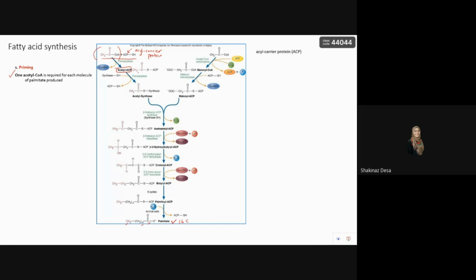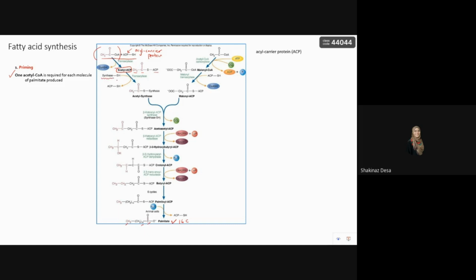Kat sebelah ni kalau kita tengok, 2 carbon of acetyl and then kita ada ACP, acyl carrier protein. So apa berlaku kemudian? Kemudian we will require the attachment of an enzyme. Tambah enzyme. The enzyme name here is synthase.